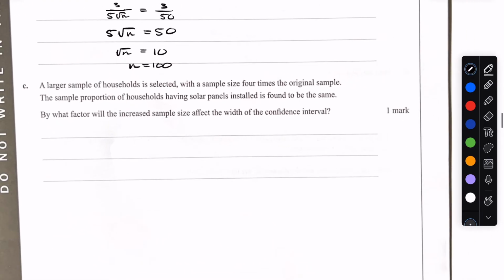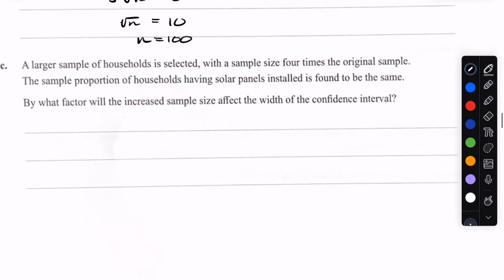A larger sample of households is selected with a sample size 4 times the original sample. The sample proportion of households having solar panels installed is found to be the same. So they've just multiplied the sample size by 4. So if you look at the margin of error, you can see what factor that is multiplied by.